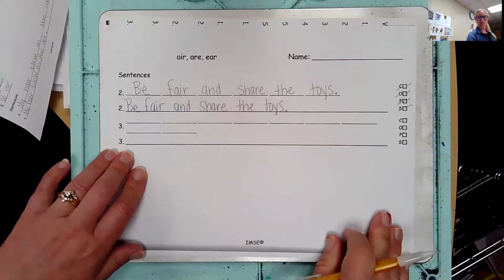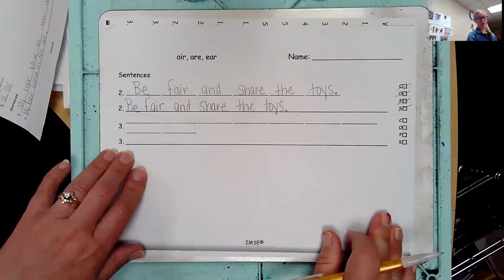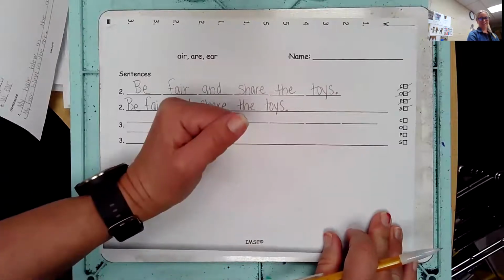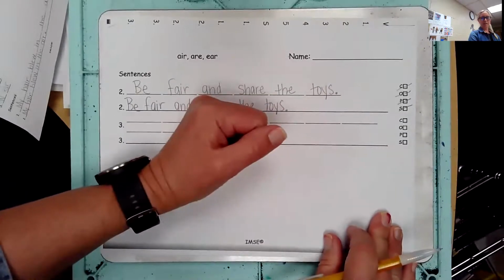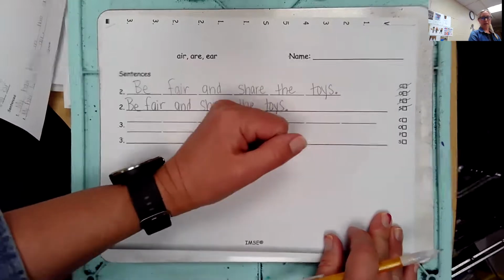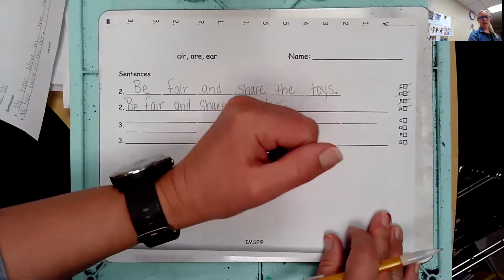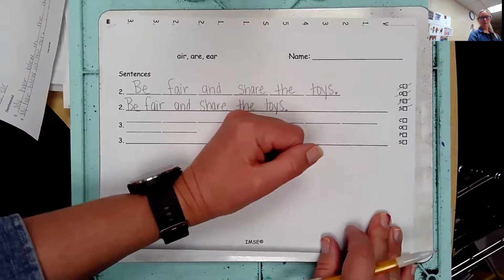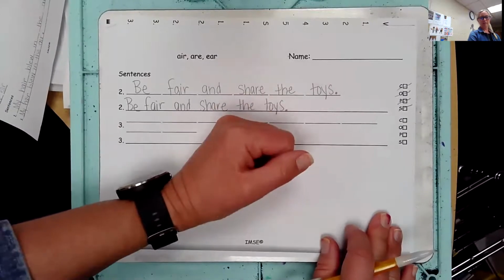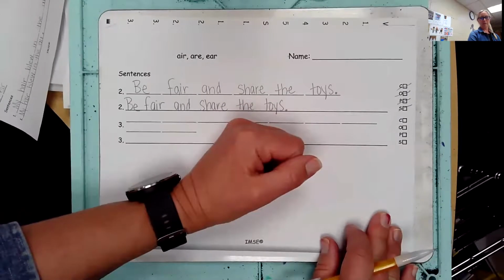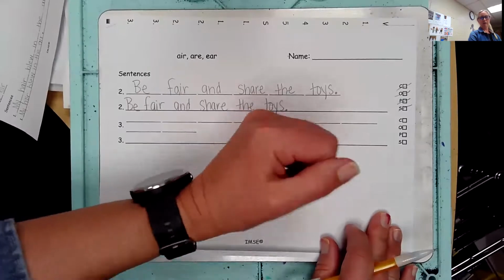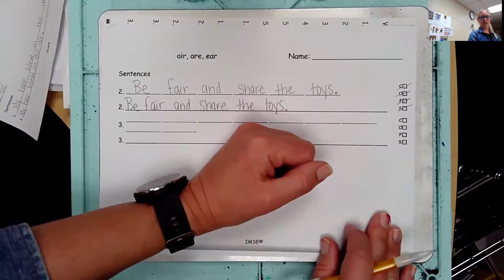She needs to take care and wear a coat. Listen again. She needs to take care and wear a coat. Pound it with me. She needs to take care and wear a coat. One more time.